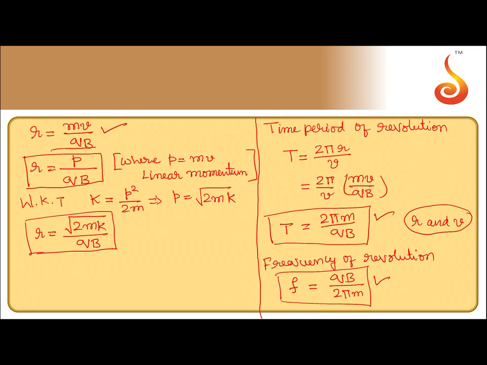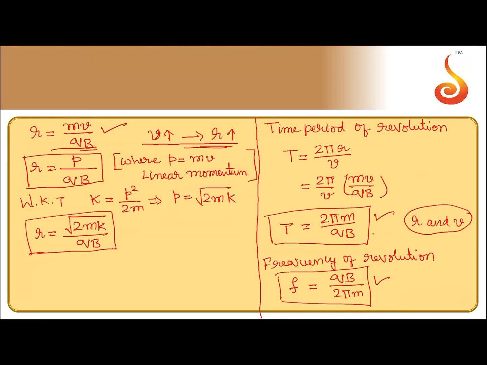According to the very first equation we arrived at, as v increases, r also increases. So as the velocity or speed of the particle increases, the radius of the circular path in which it is travelling increases.